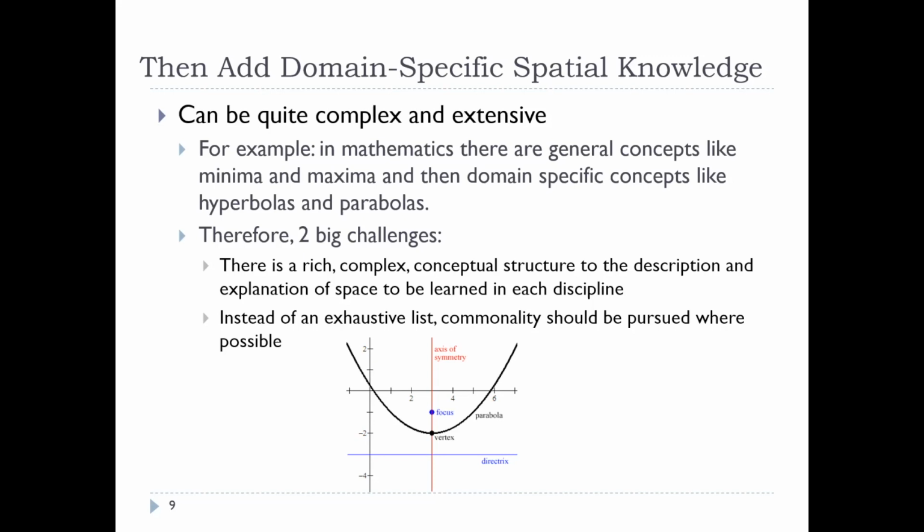If you're in math, you understand it's a parabola. But if you explained it as a curve, anybody could understand it. Okay, so there's a balance. You have to understand the general building blocks and use those as often as possible. But then as you get more and more into your specific domain, you're going to increase and grow your list of more complex terms. So hopefully that's clear from that.